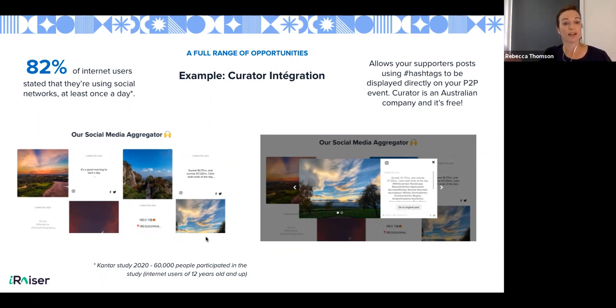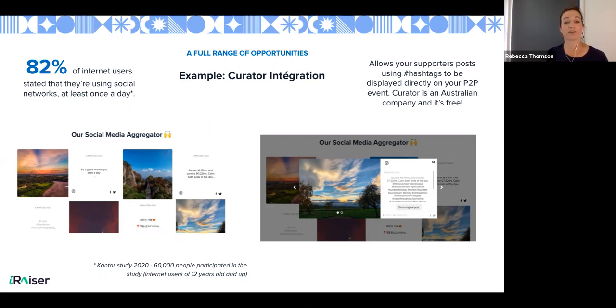So that might be pulling Instagram images or Facebook posts. As I said, if you use the example of Australia's Biggest Morning Tea, again, and people are posting on their Facebook, posting on their Instagram, using hashtag Biggest Morning Tea, they could then appear on the Biggest Morning Tea P2P fundraising page as a social wall.